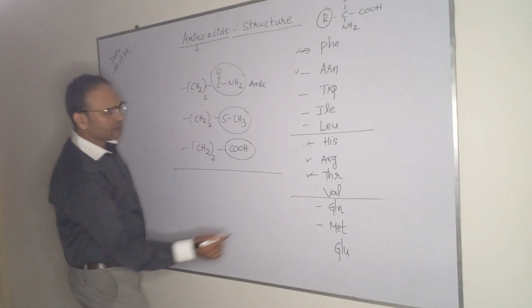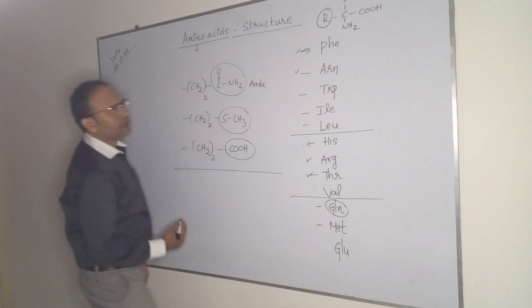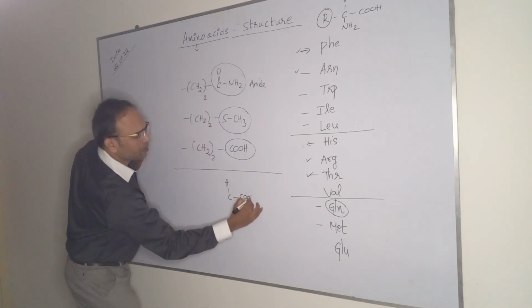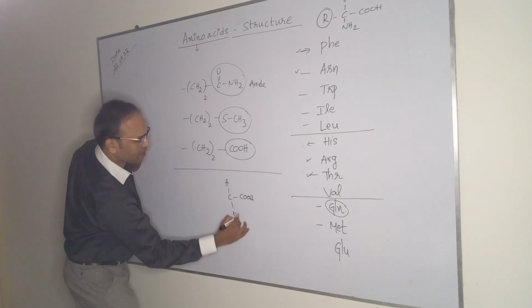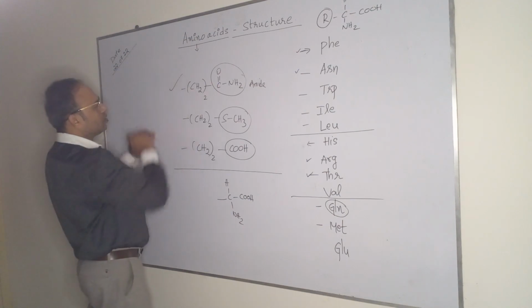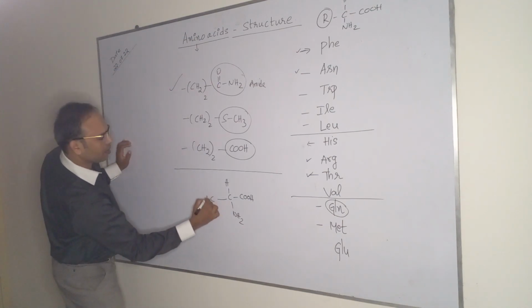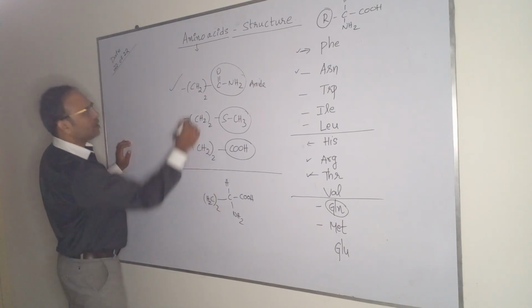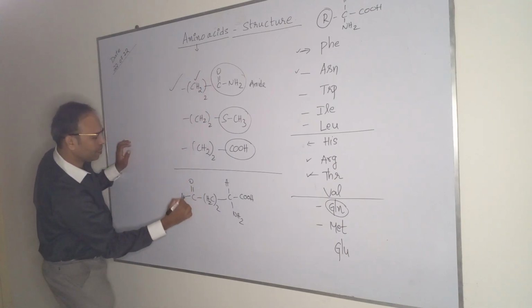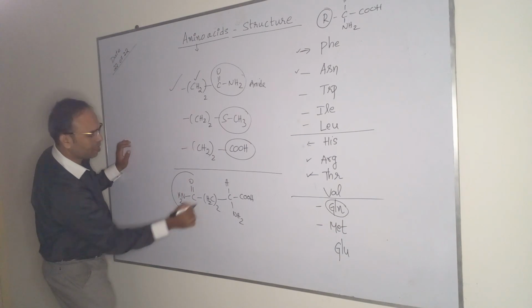Now for example, let us see, you want to write the structure of glutamine. Take the general structure of amino acid. In the place of R, if you want to write glutamine, take this. So CH2 taken twice I wrote, and then write amide linkage.